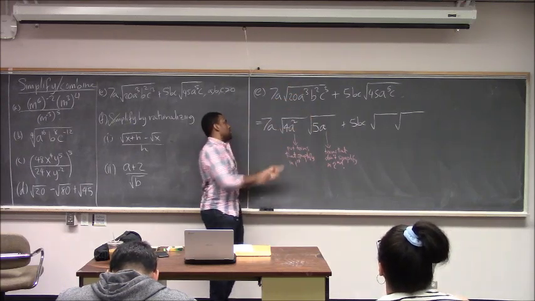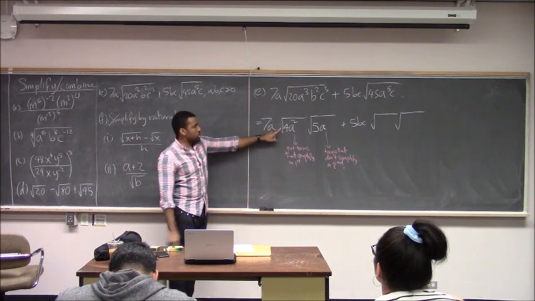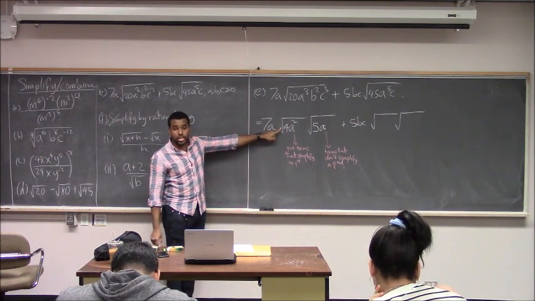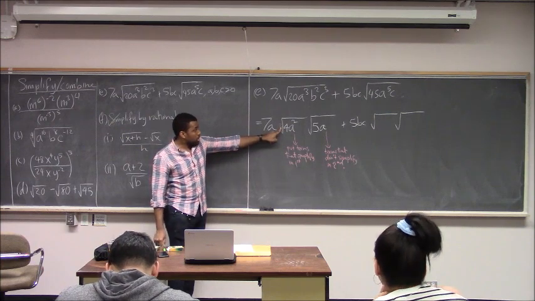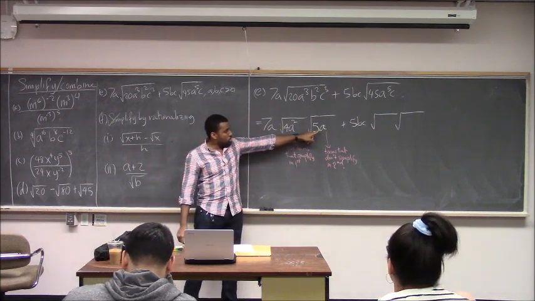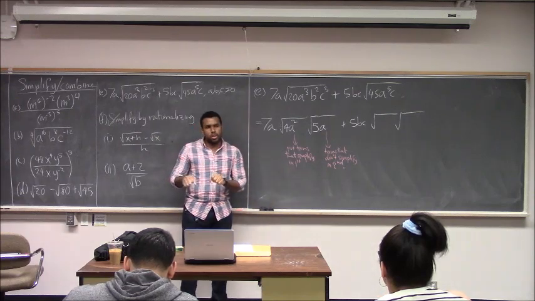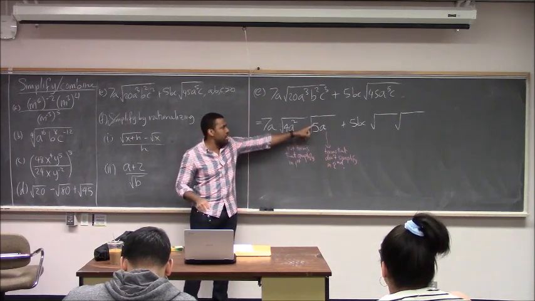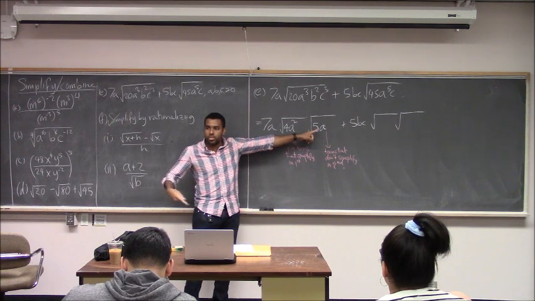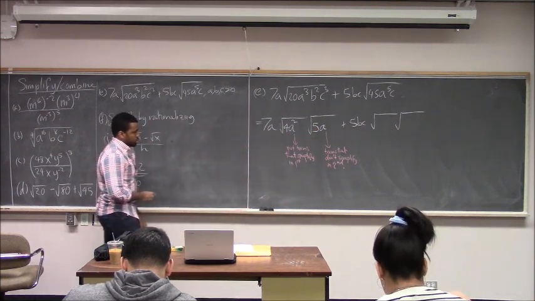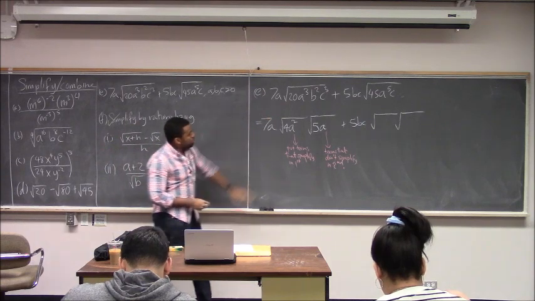You want to make sure you're splitting it up in such a way that the power divisible by 2 goes into the first radical, and the power that's left over is less than 2. So if you have a to the 9th, you wouldn't split it up into 4 and 5, because 5, if you put that over here, could still simplify further, right? You want to break it into the smallest possible chunks. Okay, so the a cubed I would split like that.